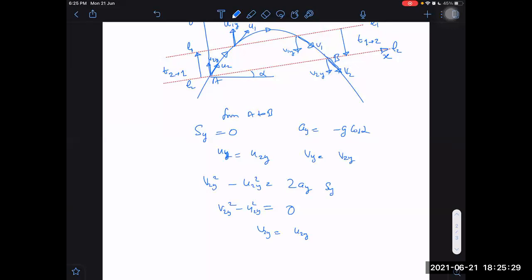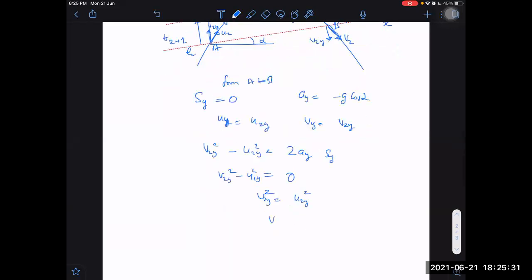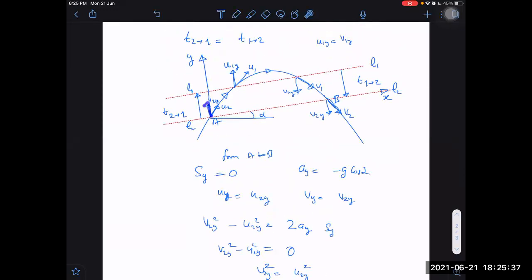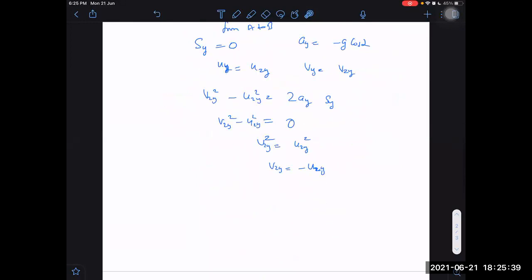Magnitude wise, these are equal only. v2y is equal to u2y, but direction wise, from the physical situation, I can tell that their direction has to be opposite. Negative sign because the direction is opposite.